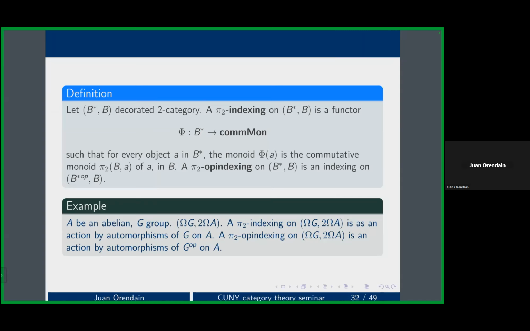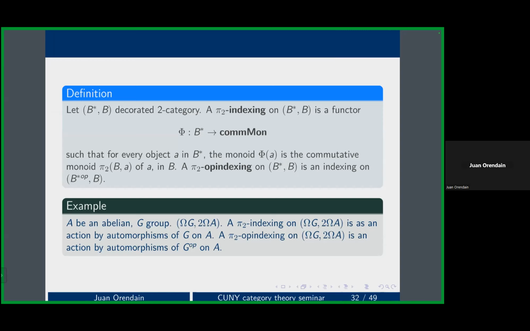Now, red boundary squares are globular, so those depend only on the decorated horizontalization of the double category, and horizontal identity squares only depend on the vertical arrows. So this sort of technology that would allow us to slide red boundary squares up and down horizontal identities, in principle, should only depend on the decorated horizontalization of the double category.